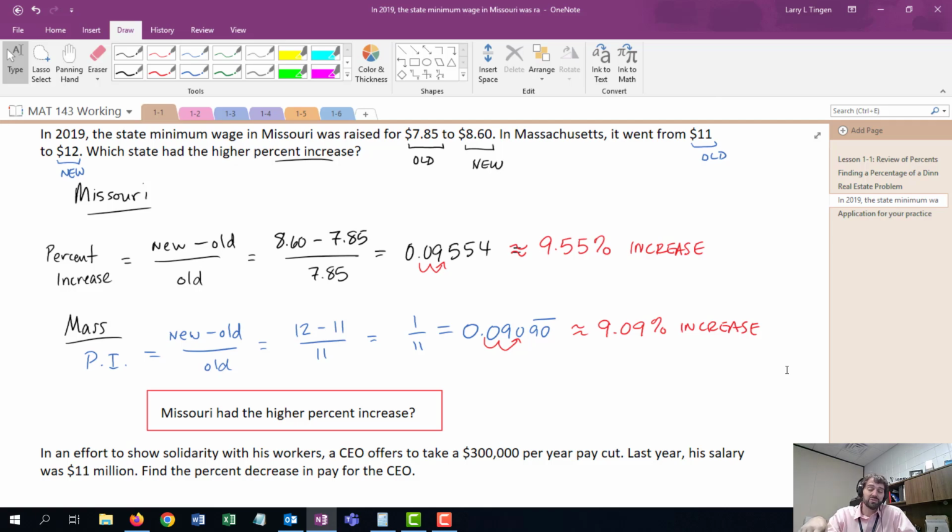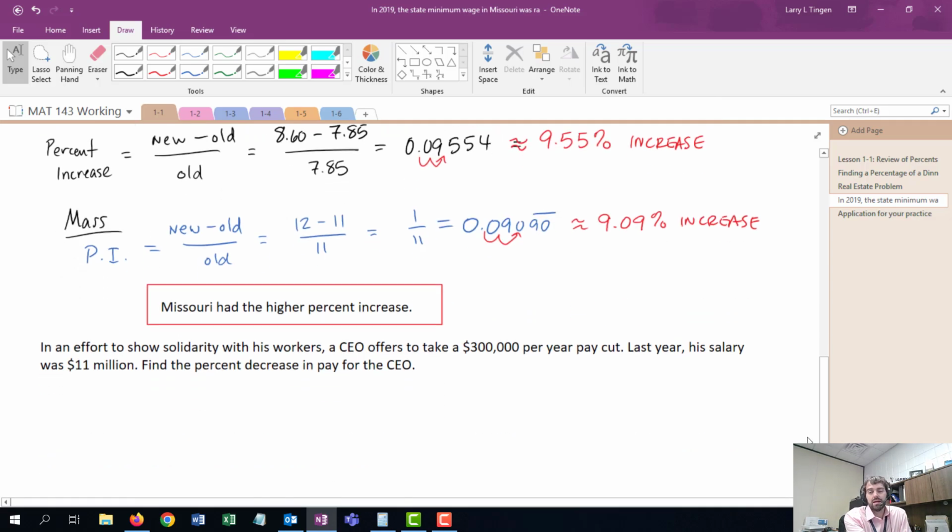And then if you're in Massachusetts, you wouldn't talk about the percent increase. You would talk about our minimum wage is $12 now, whereas Missouri's is $8.60. So you can see how even using numbers, you can end up with two statements that are both true, even though one makes one state look good, the other makes the other one look good.